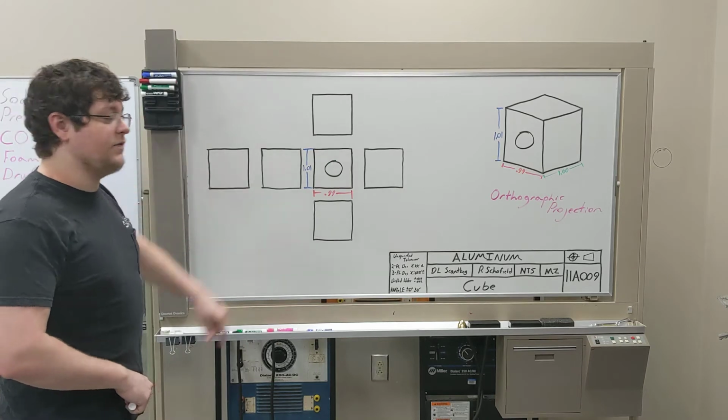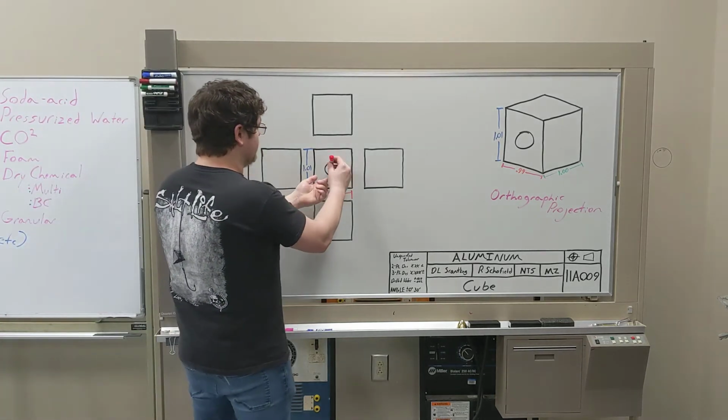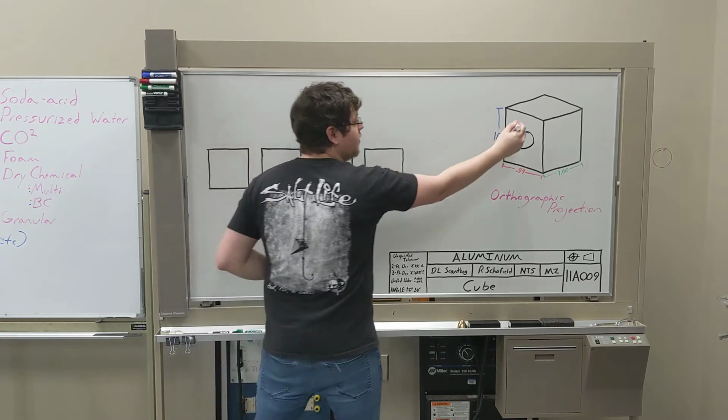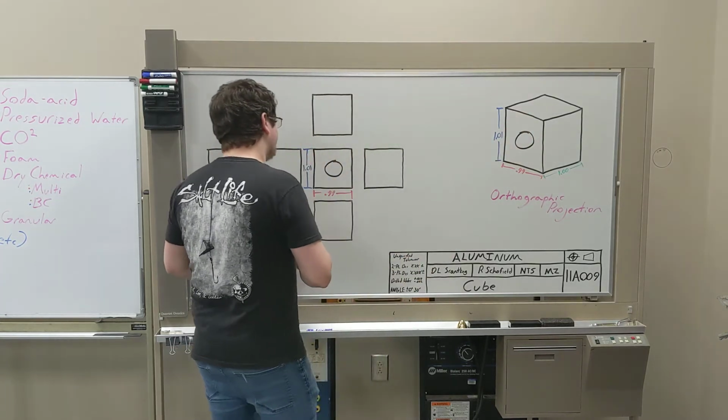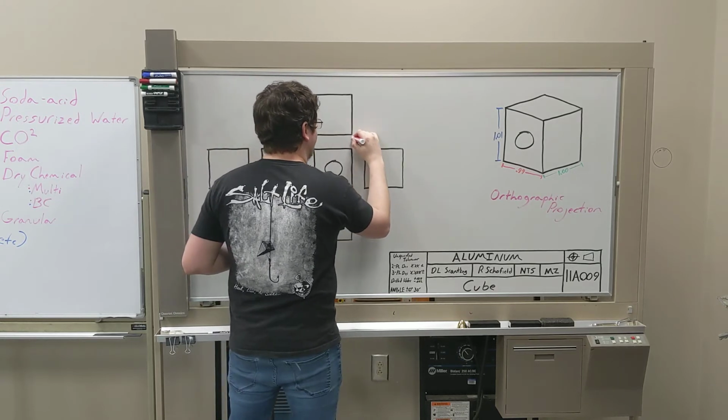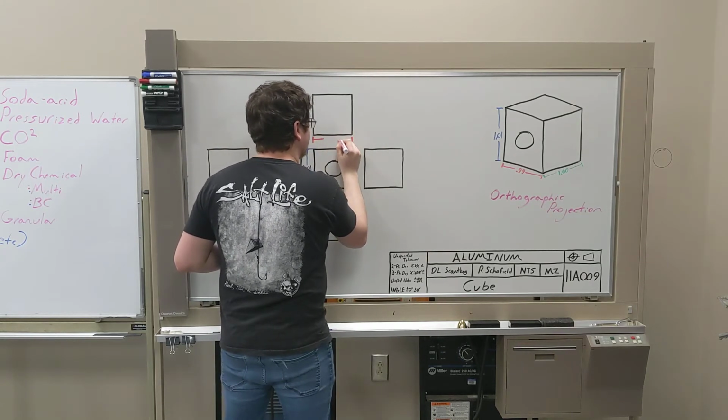Let's go to my top view. Take it and look at the top. I'm up here. So, I know that dimensions wise, I have 0.99.